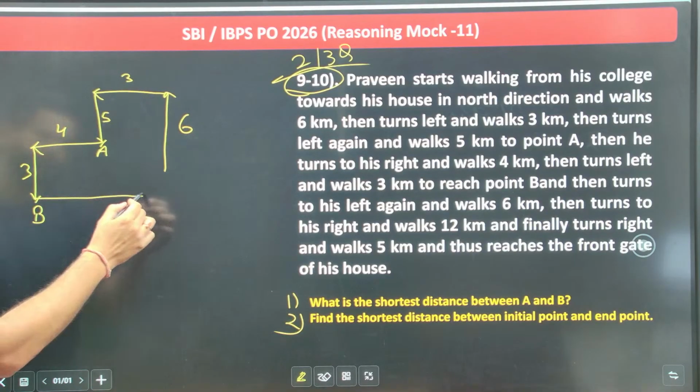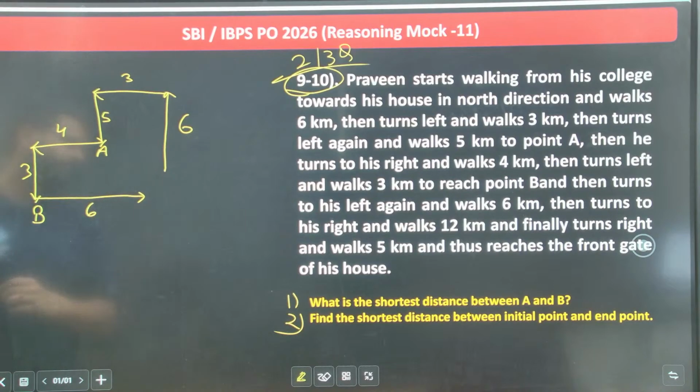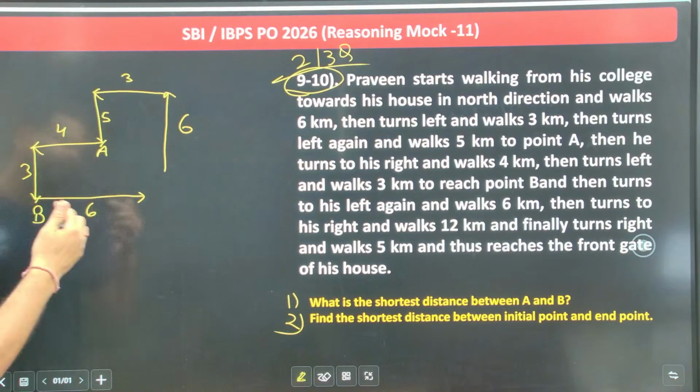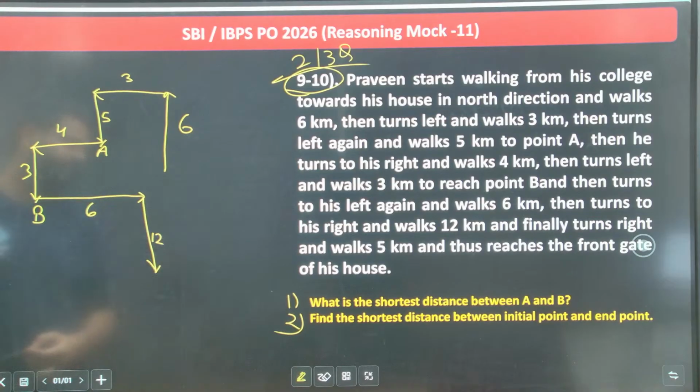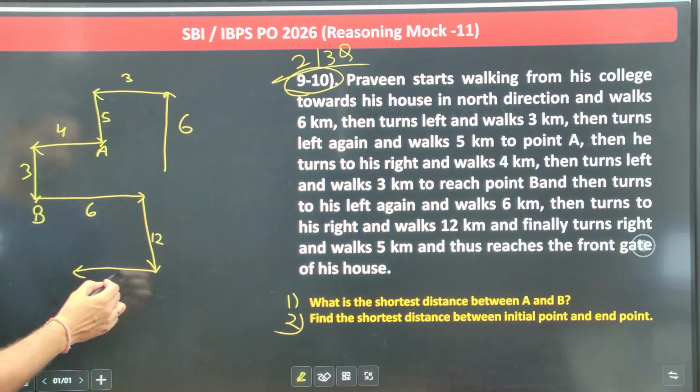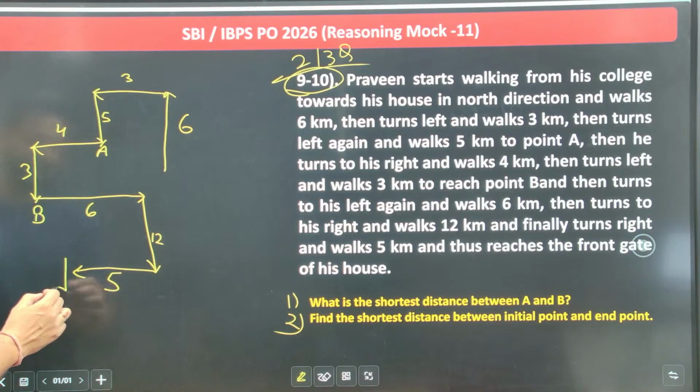Where did he go? Then turn right 12. Finally turns right 5 kilometers. Front gate of his house.